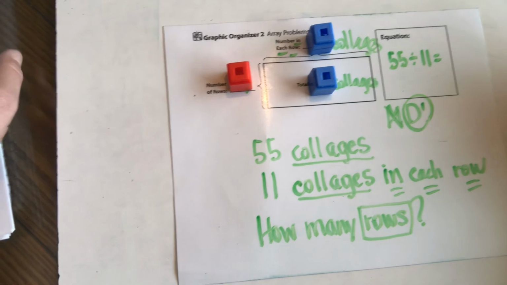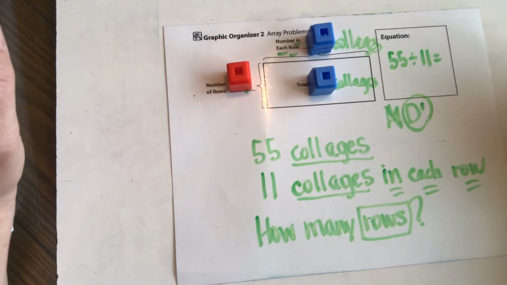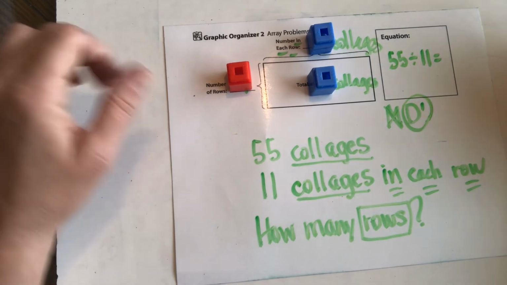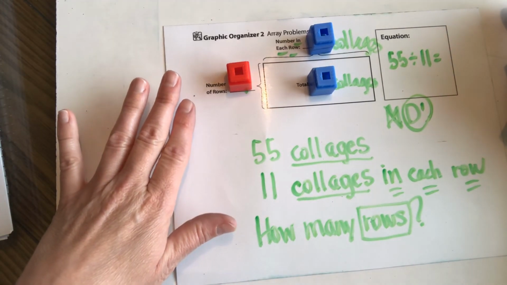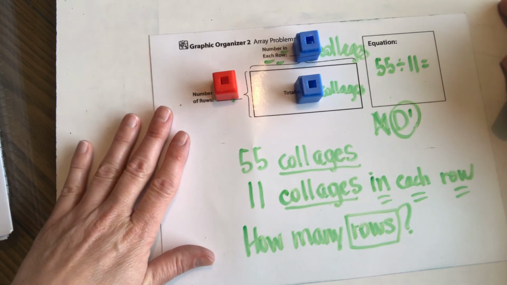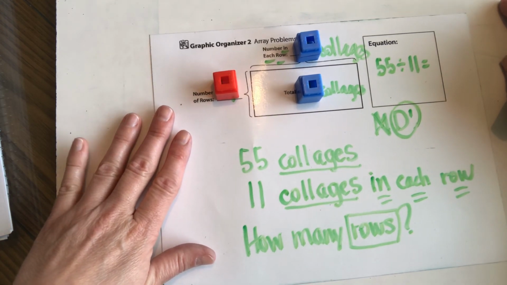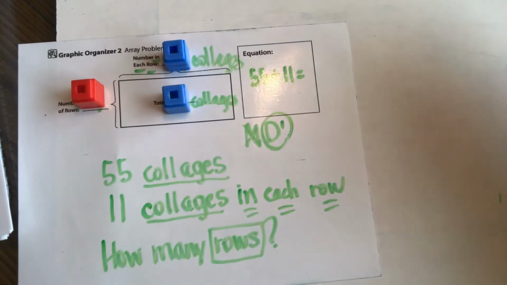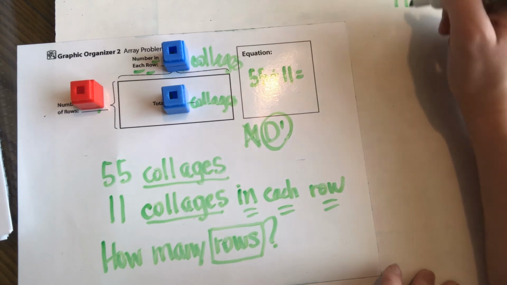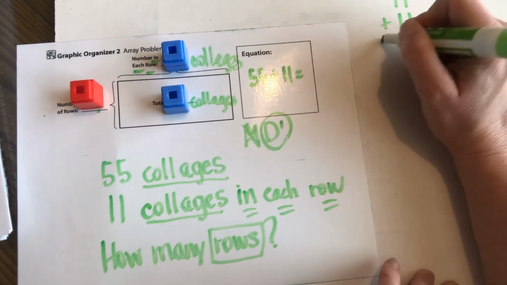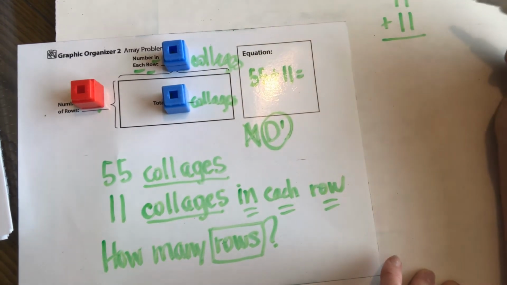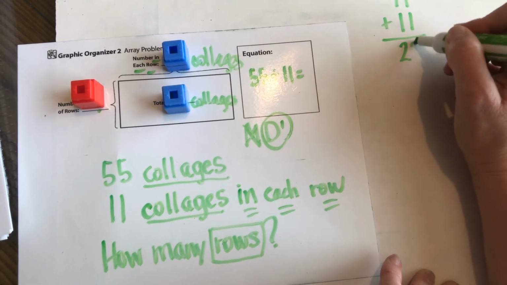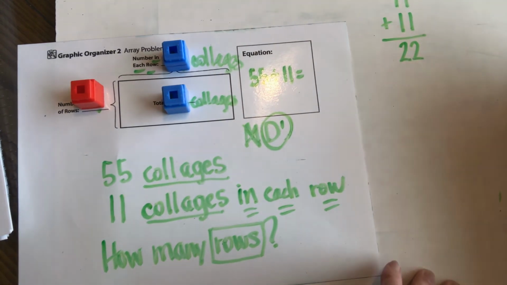Now, boys and girls, we have not done our 11s. 11s are actually kind of an easy thing to think about. Because when you take 11 and you add them together, notice how 11 is using the digit 1 two times. You get an answer that has the same digit twice as well.